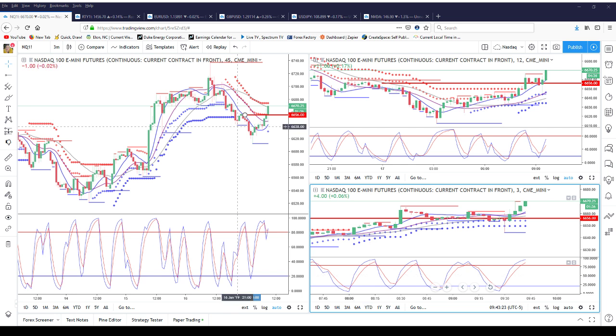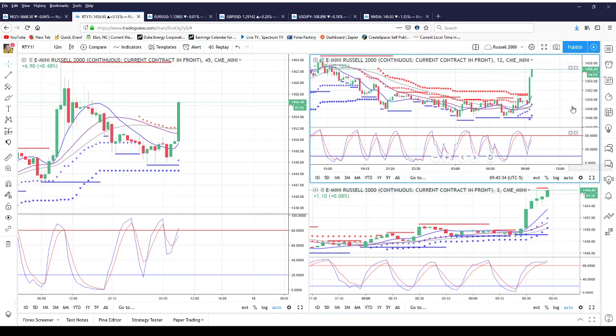In order for me to go long, it will have to close above this 66.74.25 area. It's not there yet. We can go over and look at the Russell.